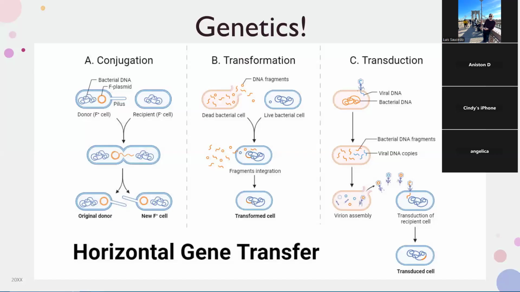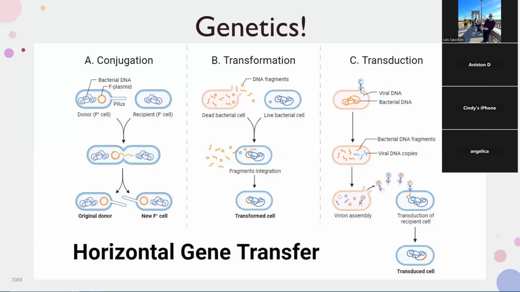Bacterial transformation is typically when dead cell fragments are exposed, and a live cell is then able to eat those fragments up and incorporate that DNA into itself, and they're able to then take on certain characteristics and antibiotic properties of the dead cell.